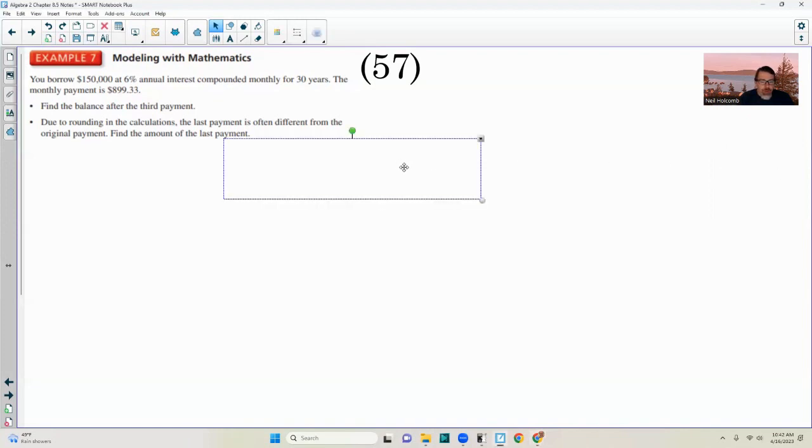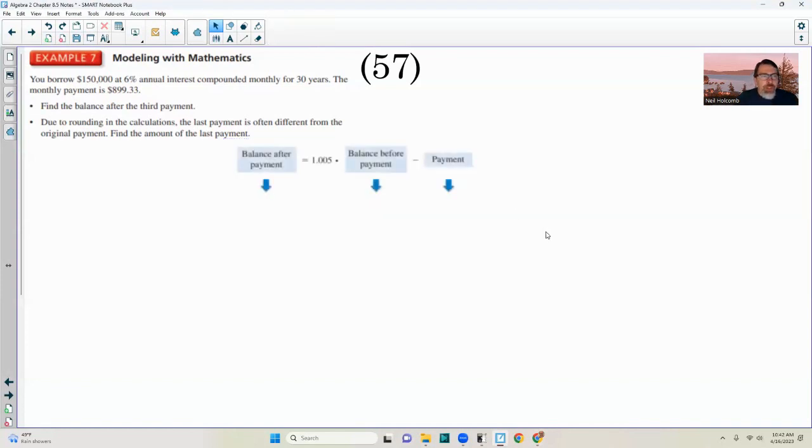Okay, so first of all, I have to come up with a rule. So it's going to be, we have a balance after payment is 1.005 times the balance before the payment minus your payment. Well, where did this 1.005 come from? The monthly interest rate is 6%, or annual interest rate 6%. So that's where this 0.005 comes in.